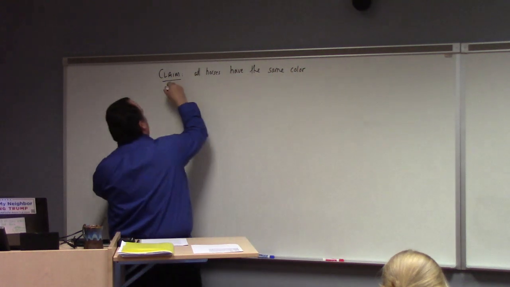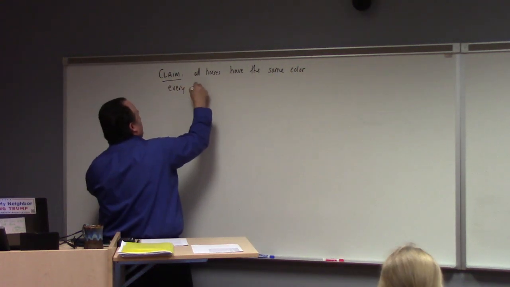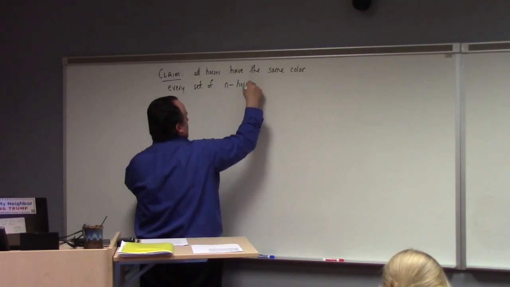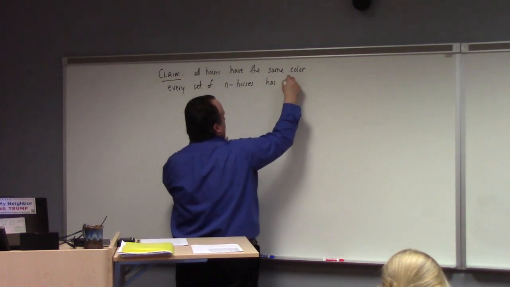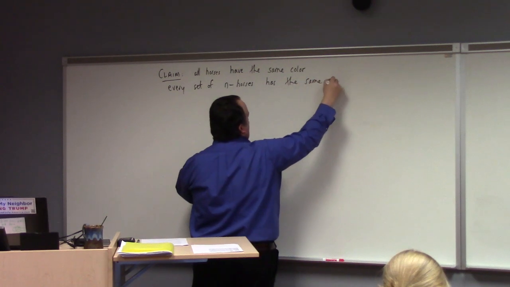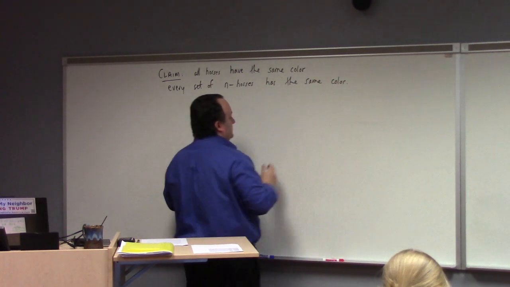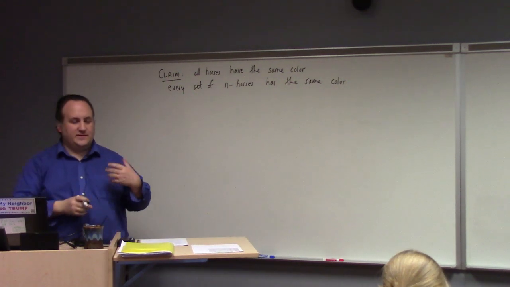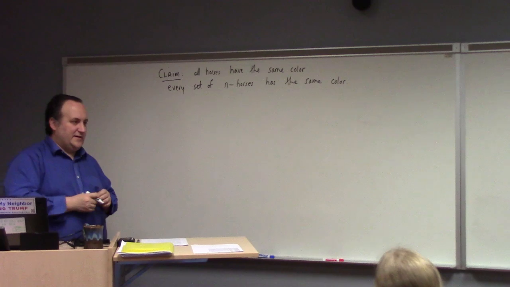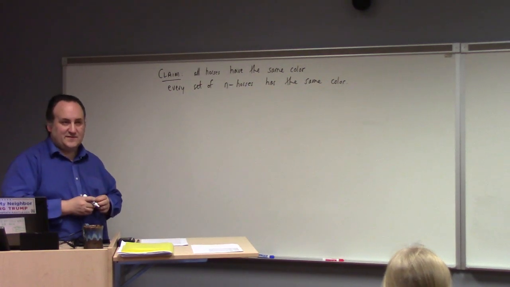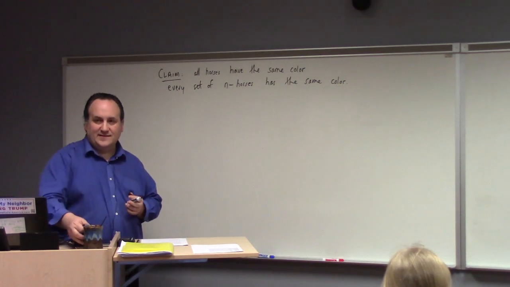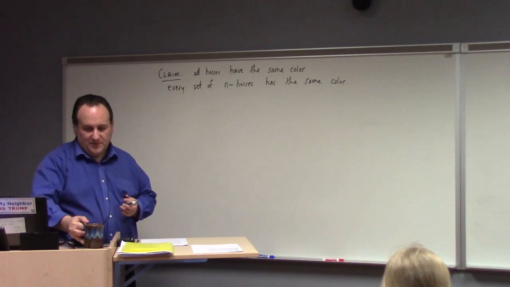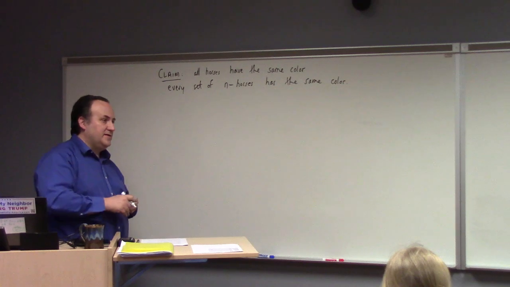We could say every set of n horses has the same color. All right. And so the universe of this discourse is monochromatic horses. I don't allow for horses that have spots or something, all right? So all horses that have just one color have the same color.